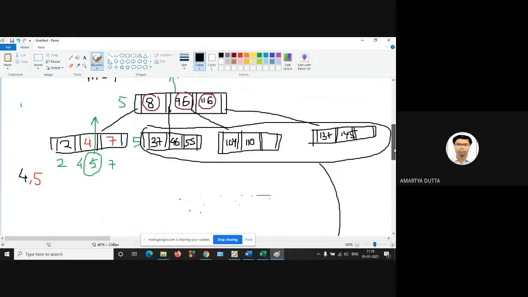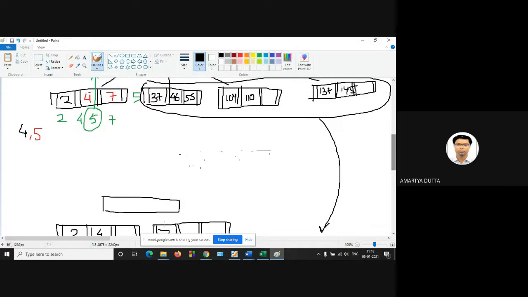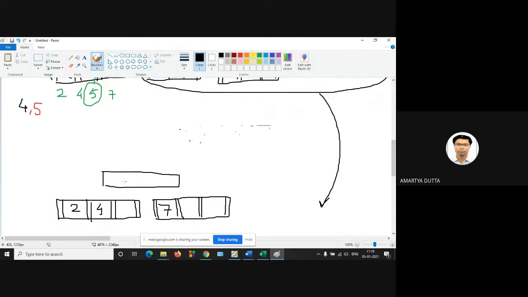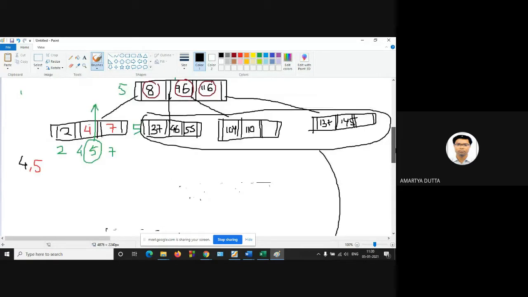And at the intermediate position there will be 5, but you can't write this because all are at the same level. So you have to push this 5 into the root. After pushing, you can split the root again.